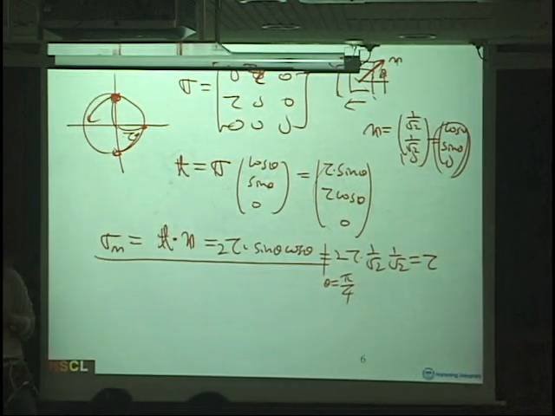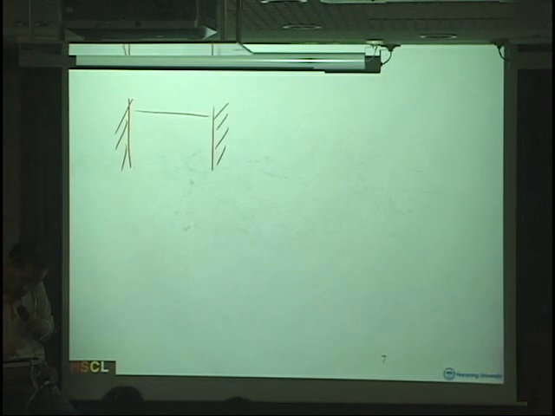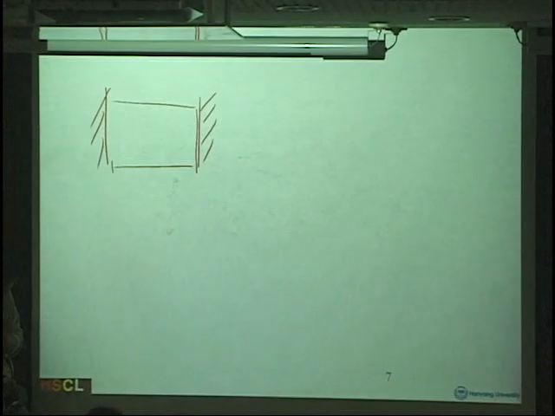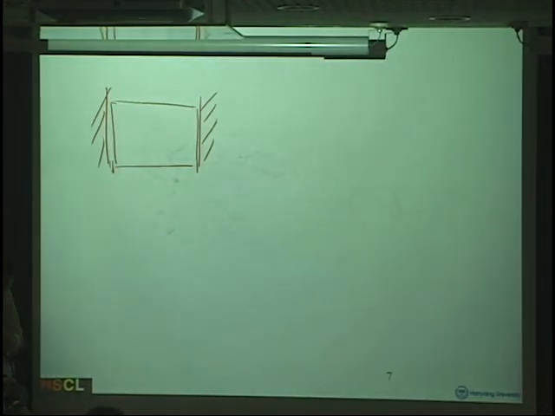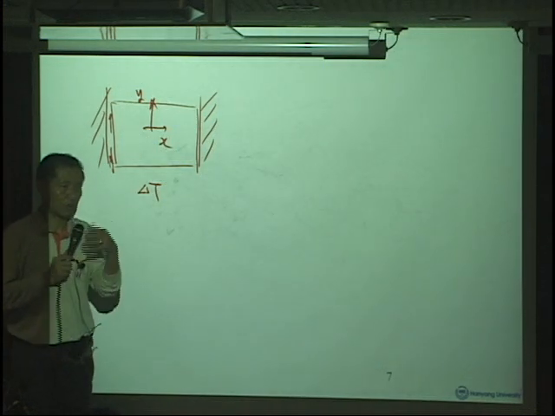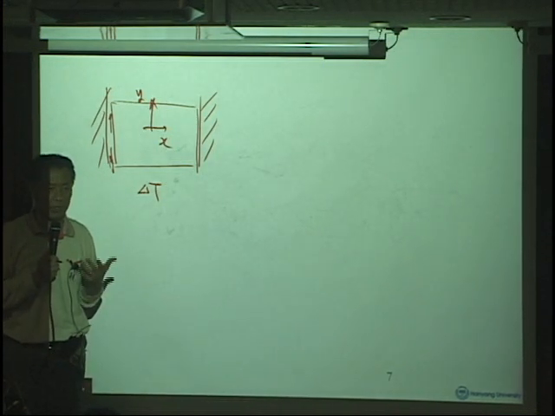So for instance, let's say we have a certain constraint and we have a material inside. But this one has some lubricant such that it can freely extend in the y direction. But in the x direction you have a constraint, right? Now you have a certain delta T increase, and you should be able to calculate how much stress will be developed.